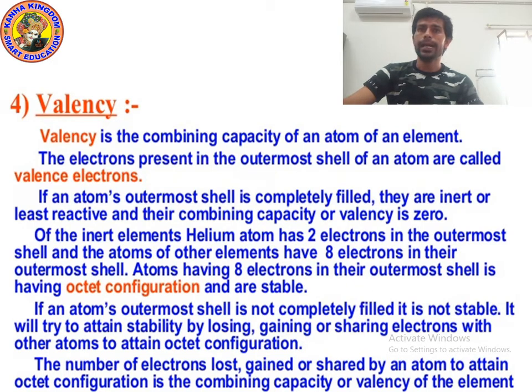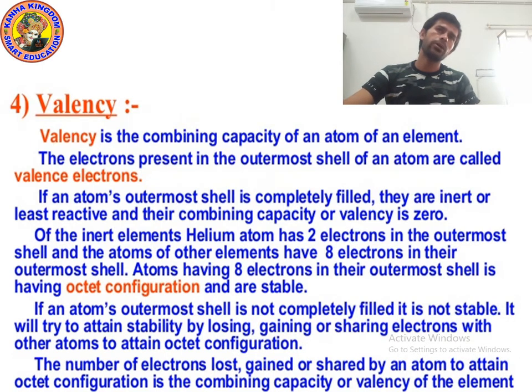For hydrogen the outermost shell is K, and its valence electron will be 1.